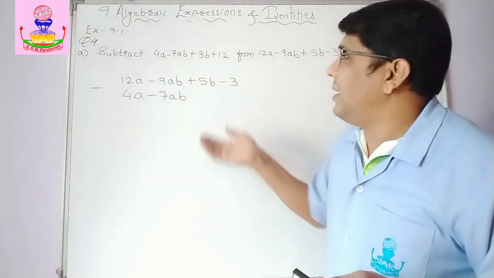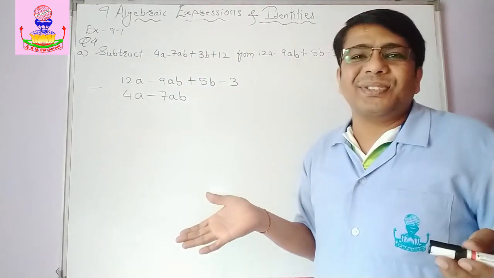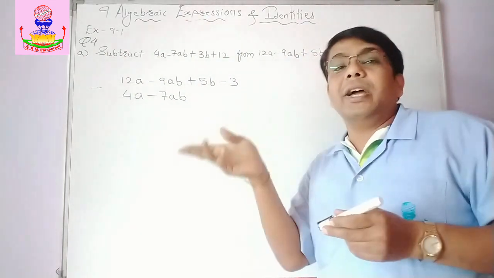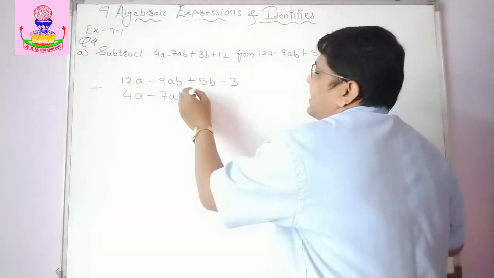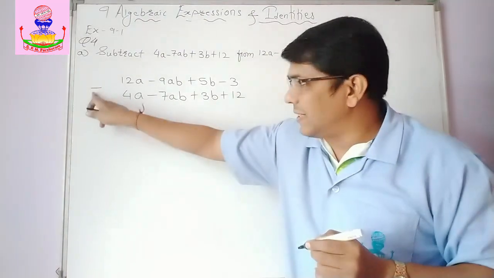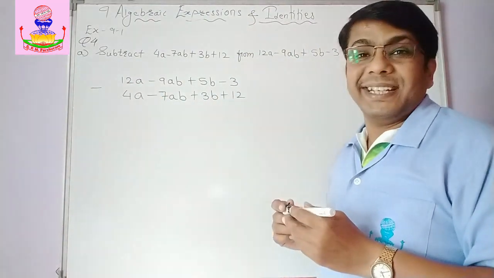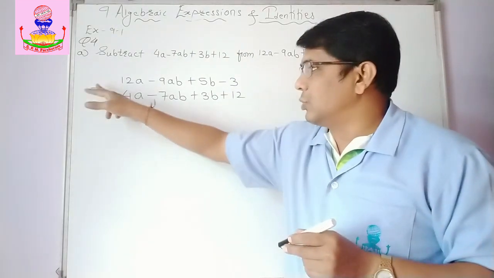Now here there is nothing difficult. Why? Because all the terms are in the same order. So there is no question of worrying about where to place and how to place. Okay, so plus 3b and plus 12. So this operation tells you what you are supposed to do. So sign changes are there. Subtraction, sign changes to explain. Here there is plus sign.